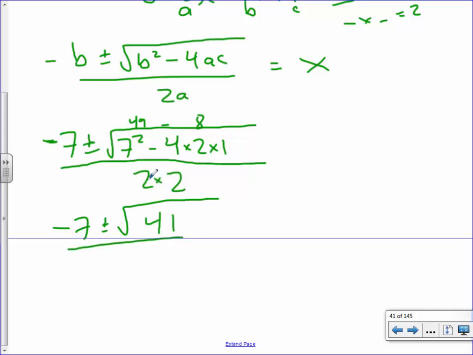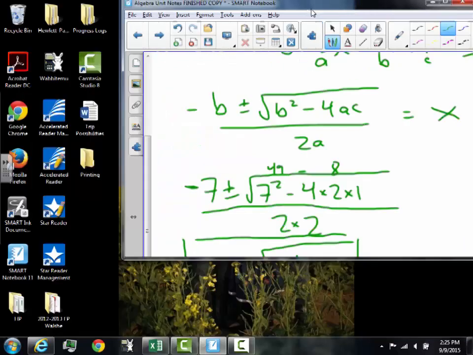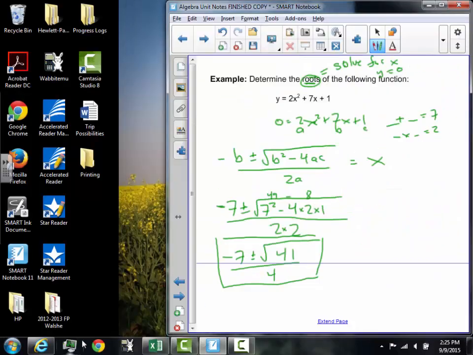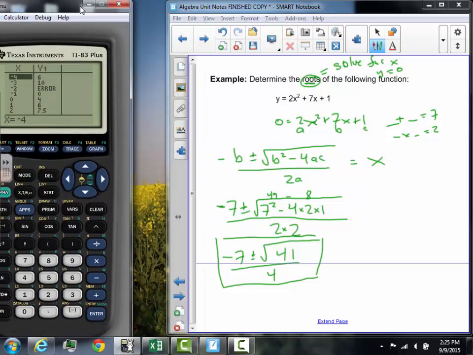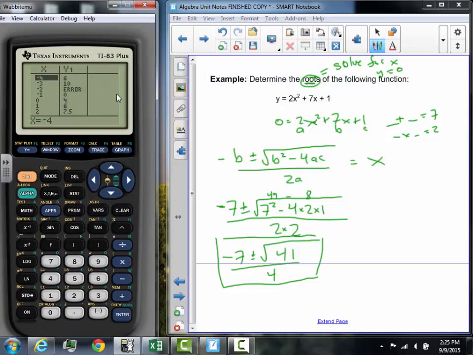And then last step, what's on the bottom of the fraction? 2 times 2 is... Okay. This is how we're going to leave our answer. It's kind of ugly. Most people don't like leaving it like that, but let me show you why I want you to leave it like that. If you wanted to actually find out what the actual answers are, you might do this in your calculator.